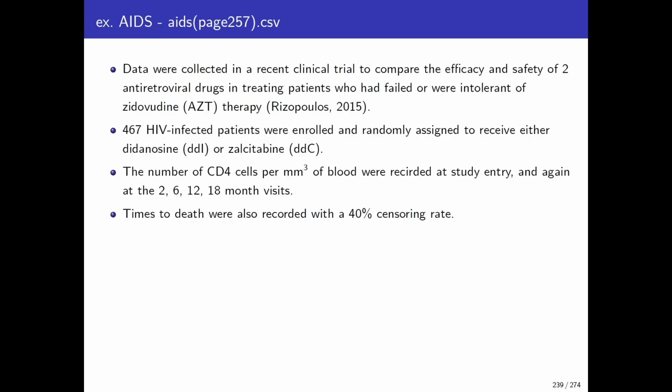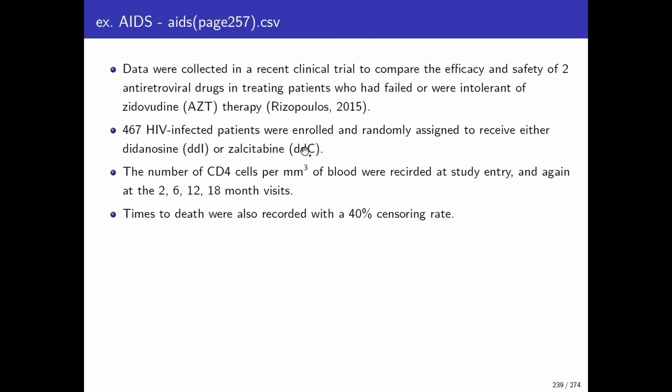AIDS. The data were collected in a recent clinical trial to compare the efficacy and safety of two antiretroviral drugs in treating patients who had failed or were intolerant of zidovudine or AZT therapy. 467 HIV infected patients were enrolled and randomly assigned to receive either didanosine or DDI and zalcitabine or DDC.